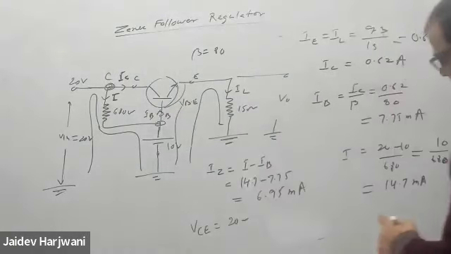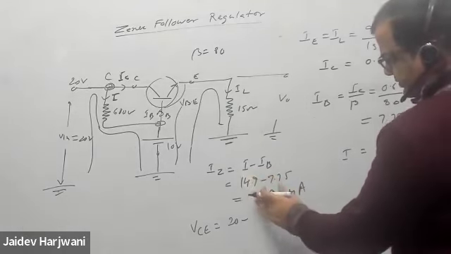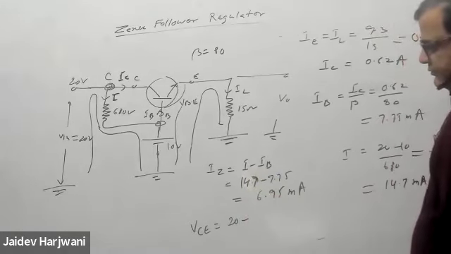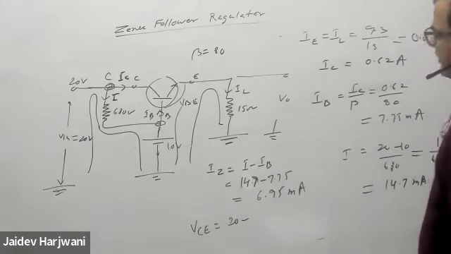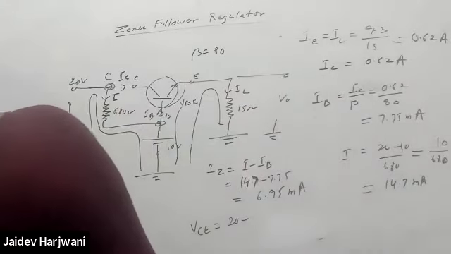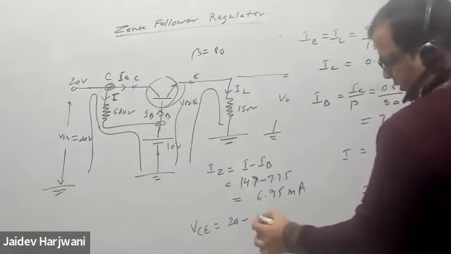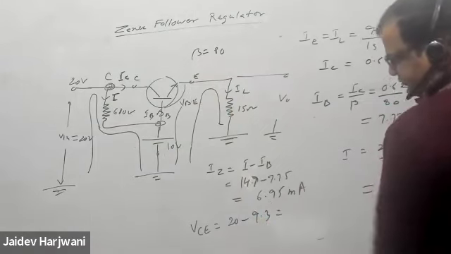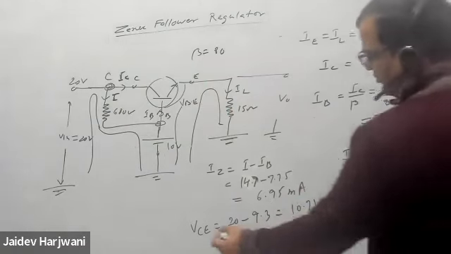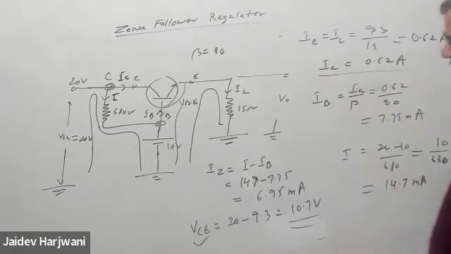Which one? This one, IZ. 7.15 will come? Yes sir. You wrote 40.7, right? Okay, then fine. And how much will VC be? What V load did we get? V load was 9.3. This V load is equal to VE, 9.3. So this will come to 10.7 volt. So you know VC, you know IC, you know the operating point for this circuit.